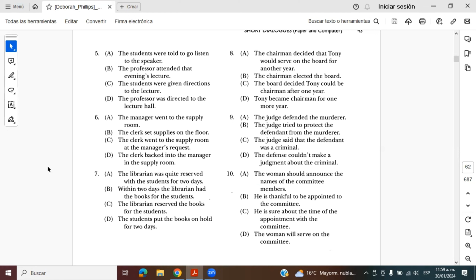Yes, the judge called the defendant a murderer. What does the man mean? Number 10. Have the names of the new committee members been announced? Congratulations! You've been appointed to serve on the committee. What does the man mean?